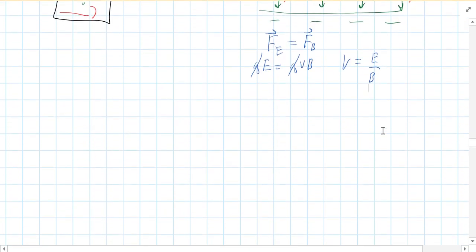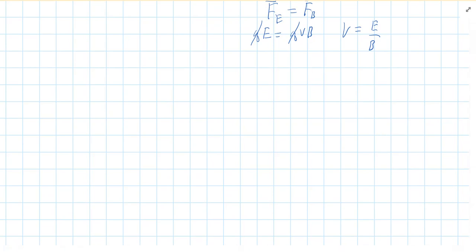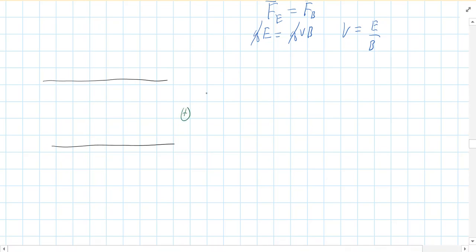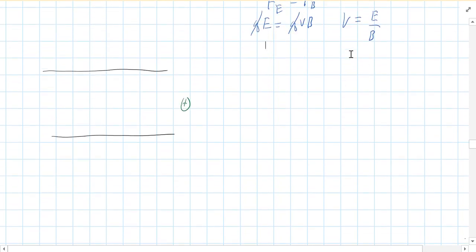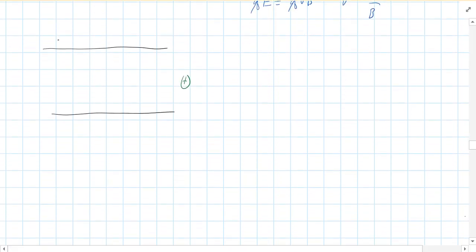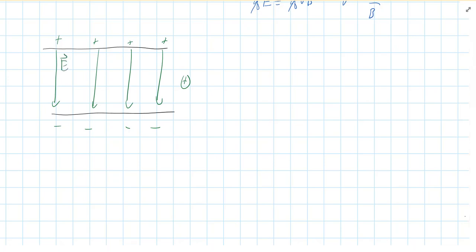Now what you do is take these particles, whose velocity you now know, and shove them into a second magnetic field. I'll recreate this picture: positives up here, negatives down here, an electric field E, and the magnetic field here is into the page.